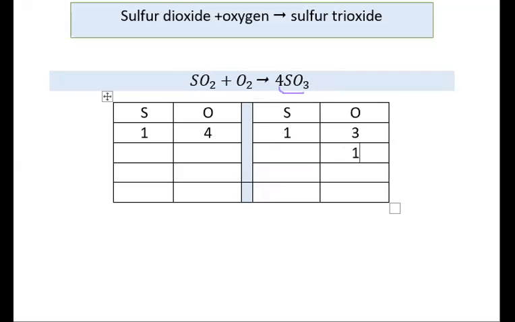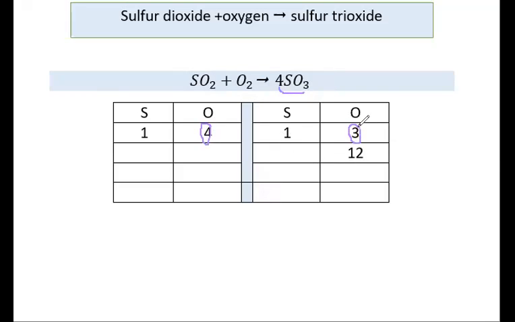Ma'am, why is it 4? Yes. Why is it 4 behind the oxygen? Okay, so remember that you wanted to take oxygen over here, which was 4, and oxygen over here, which was 3, and you needed to bring them to a number that was common to both of them, right?